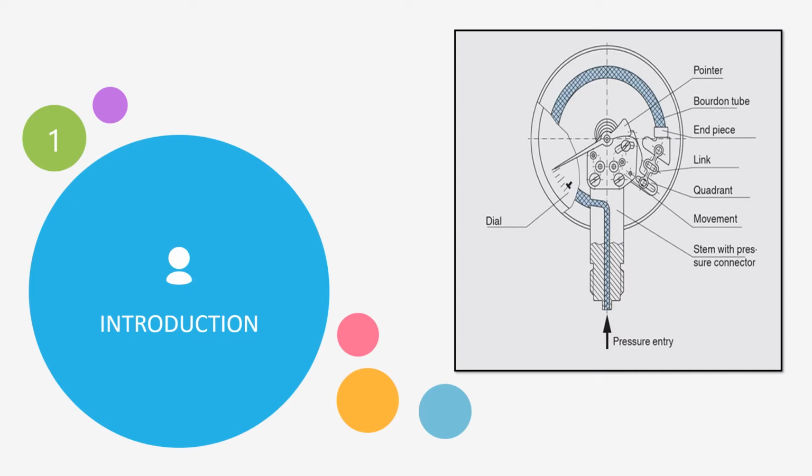But I will first remind you of the definition of pressure. Pressure in mathematics or in physics is defined as force over area. A simpler definition is the physical force exerted on an object.